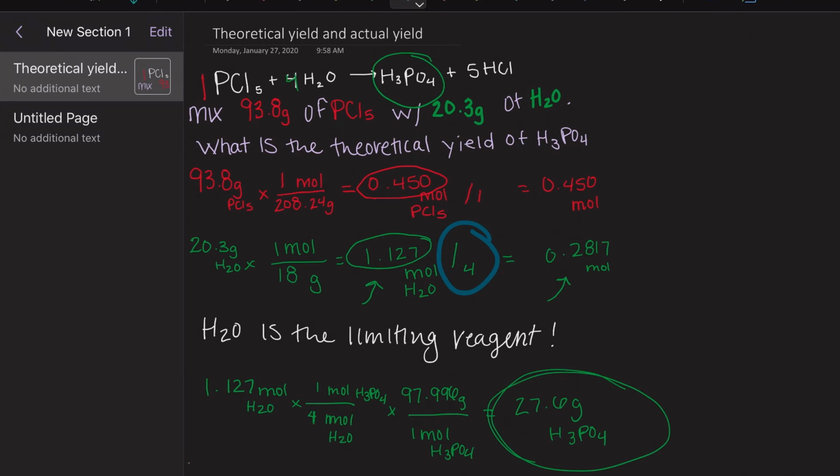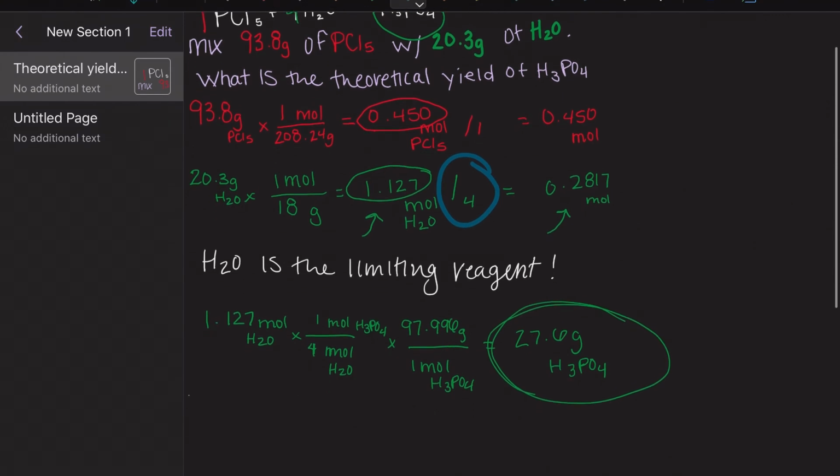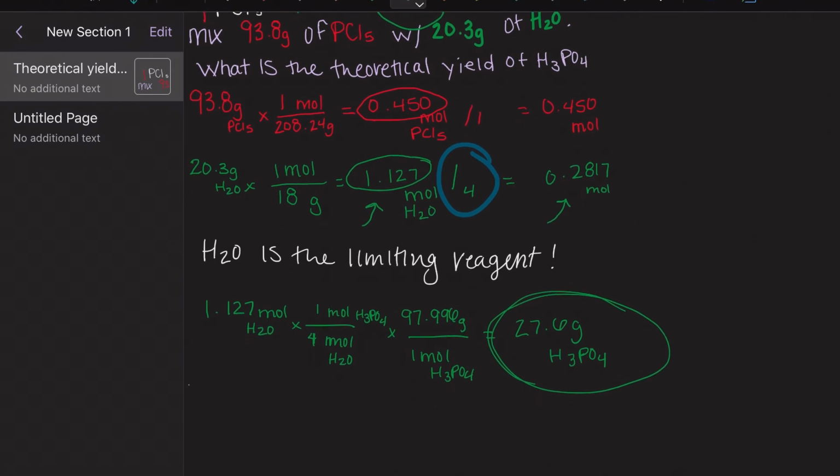If we're trying to find our actual yield, or our percent yield, then we'll do this. The actual yield will be given to you in the problem. So let's say our actual yield was 20 grams.